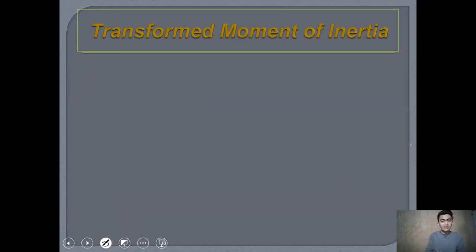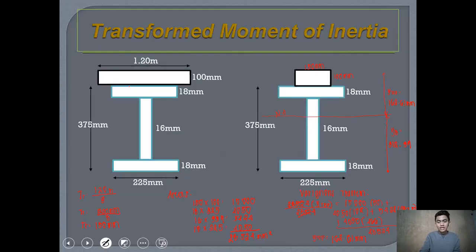So for your transformed moment of inertia, let us denote that one as ITR. That is now 1 all over 12 BH cube plus AD squared, starting off from the first section. Take note, we are dealing here with rectangular sections. Alright, so I will have here ITR now is equal to 1 all over 12, that is 150 times 100 cube plus 15,000.